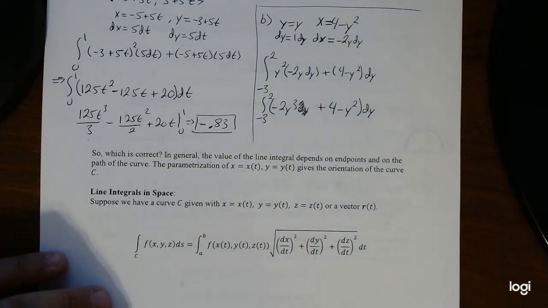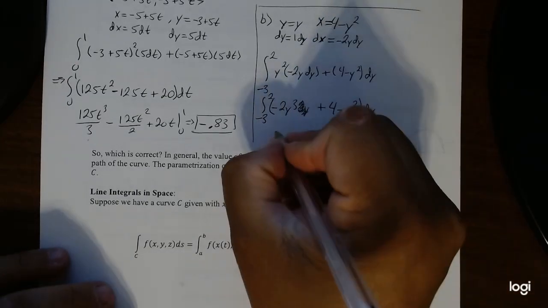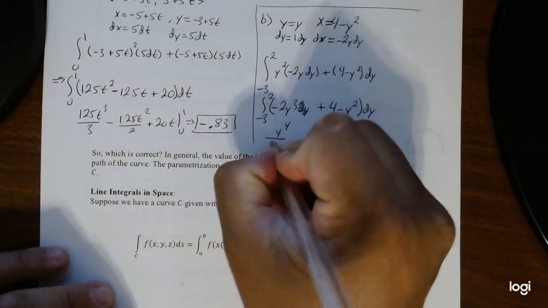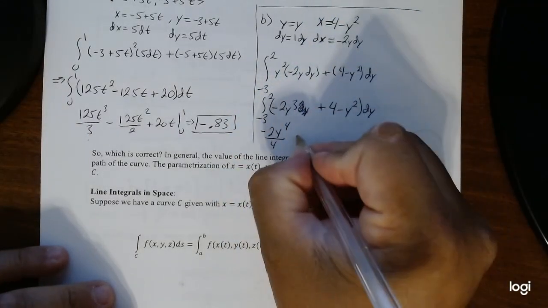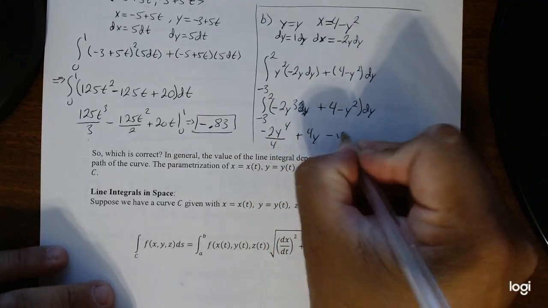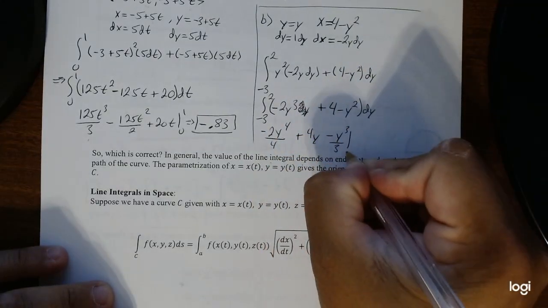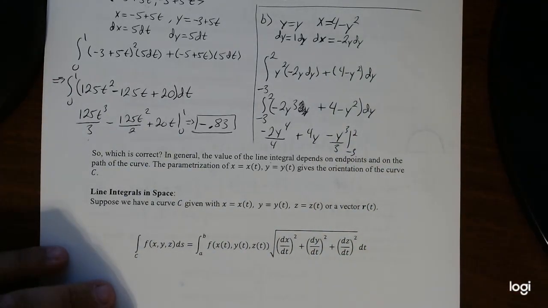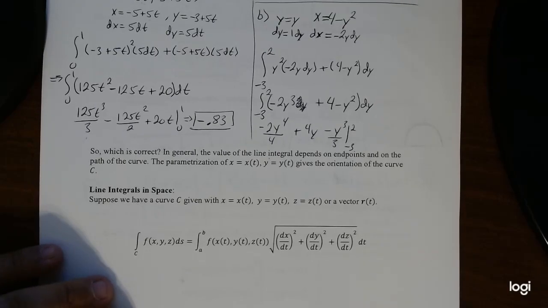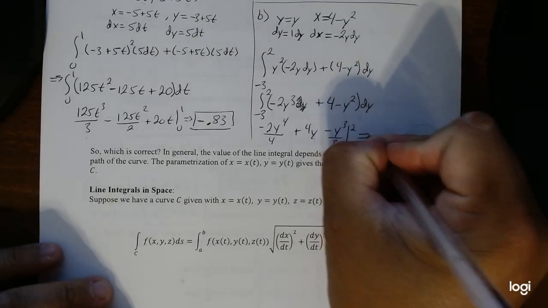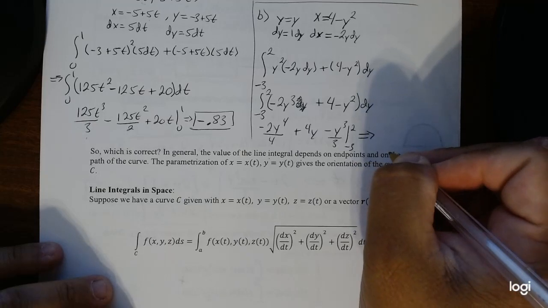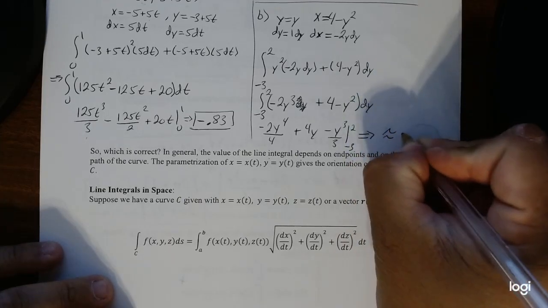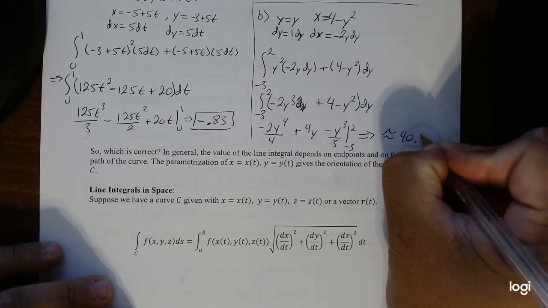All right, integrating this: y to the fourth plus 4y minus y to the third over 3, evaluated at -3 and 2. When you plug in each one respectively and then subtract, I get approximately 40.83.